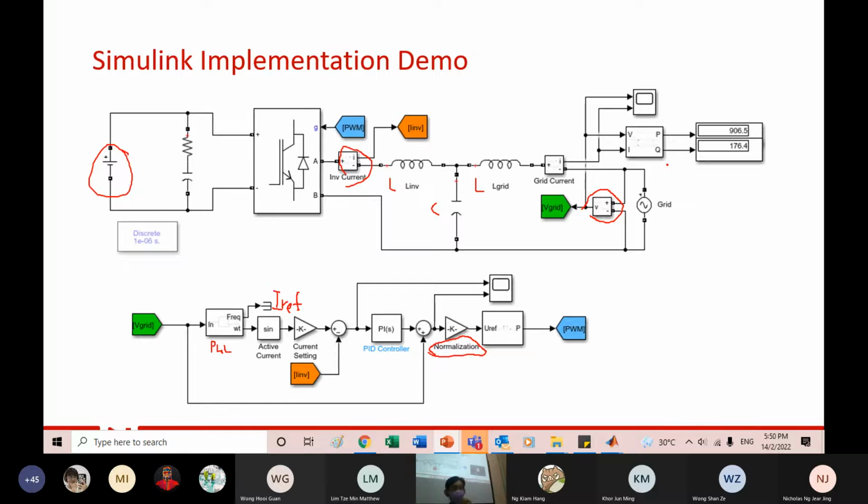So you can know that you can actually inject reactive power, and of course because of some phase shift, you will still have a little bit of reactive power. So this is how the grid connected inverter works. All right. Later we'll come back for the simulation. Let's move on to the theory side.